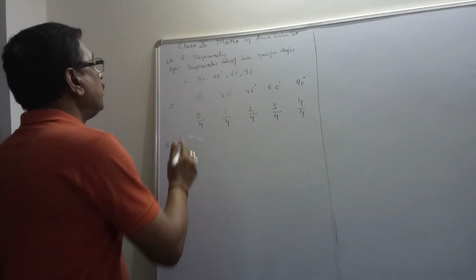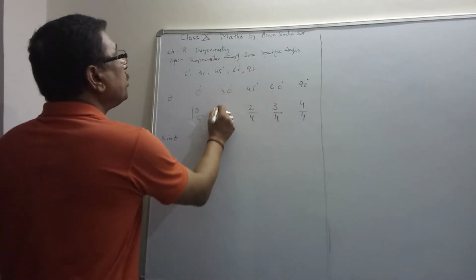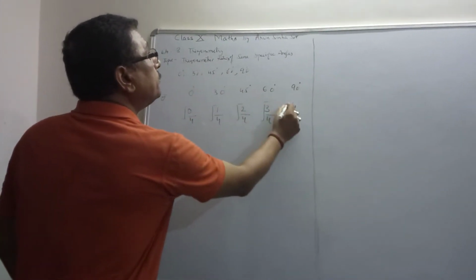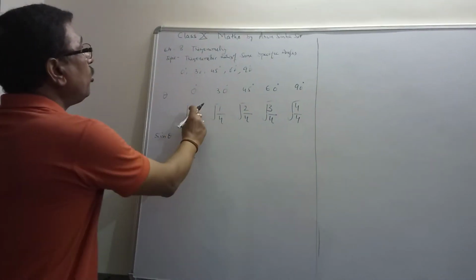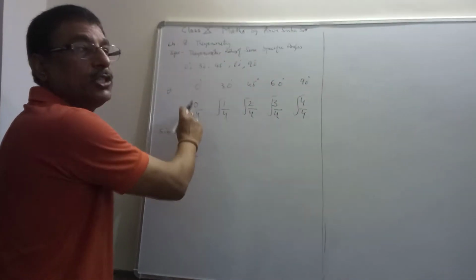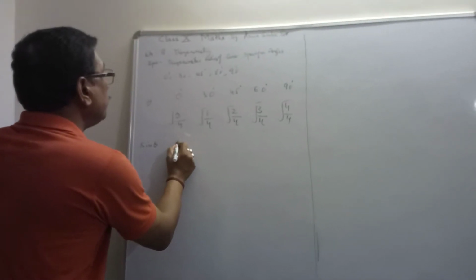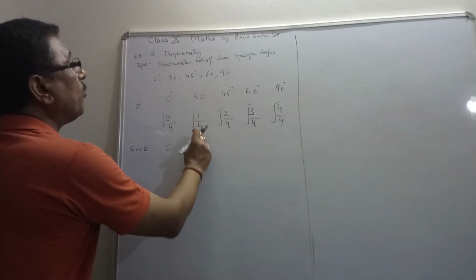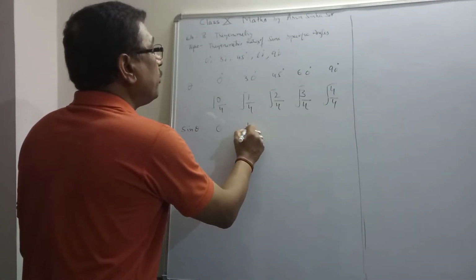Now take the square root of all these terms. So what will you get? 0 upon 4 is 0, and square root of 0 is 0. Now 1 upon 4: square root of 1 is 1 and square root of 4 is 2.